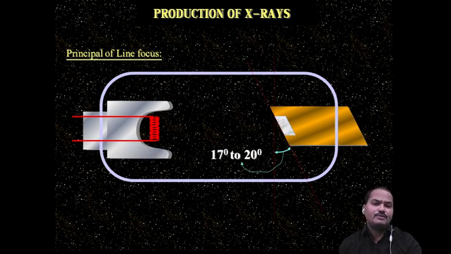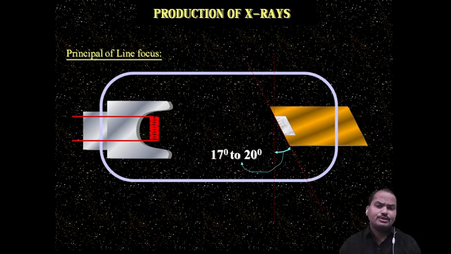So what is the line focus principle as we have talked just now? We know that the anode has an angulation towards the cathode. This angulation is about 17 to 20 degrees over which the target metal is placed. On this target metal, placed at an angulation of 17 to 20 degrees, the electrons are being bombarded.